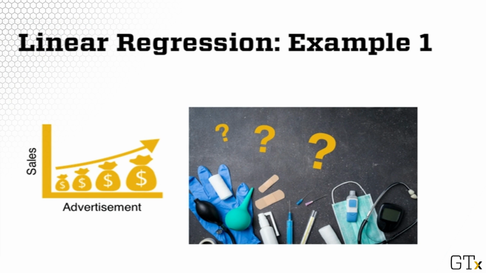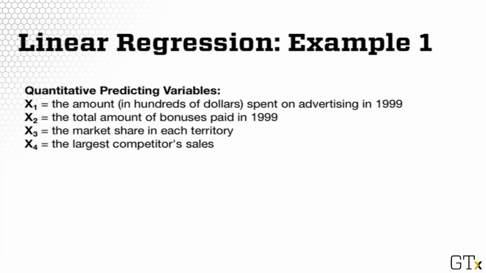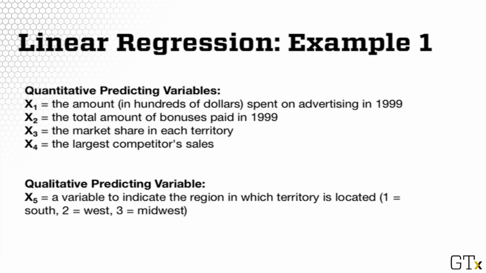Let's go back to the first example, where we're interested in the relationship between sales and advertisement expenditure. In this example, we differentiate between quantitative predictive variables, for example, the total amount of bonuses, the market share, and the largest competitors, and the qualitative variable, which is the indicator of the region in which an office is located.